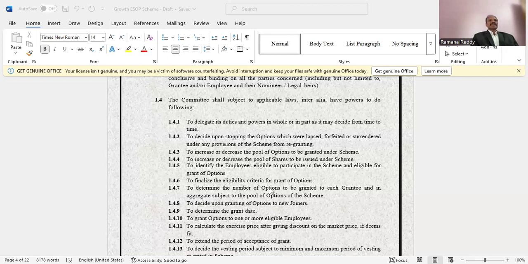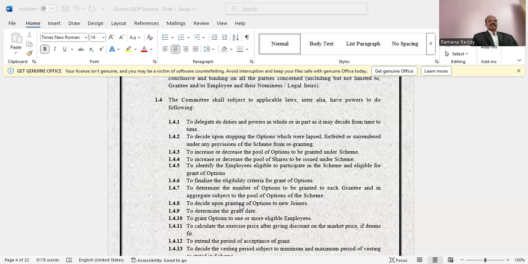And to finalize the eligibility criteria for grant of options and to determine the number of options to be granted to each grantee and in aggregate, subject to the pool of options of the scheme. So all options granted are subject to the pool of options.